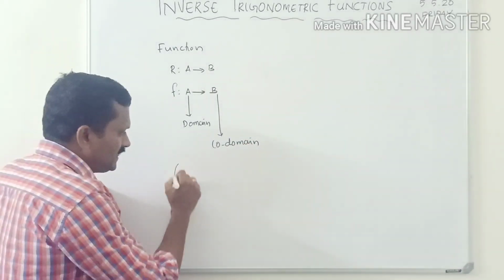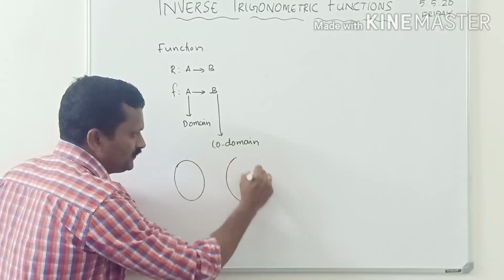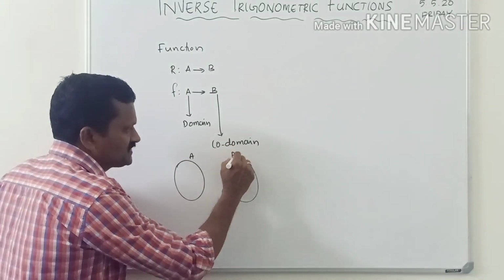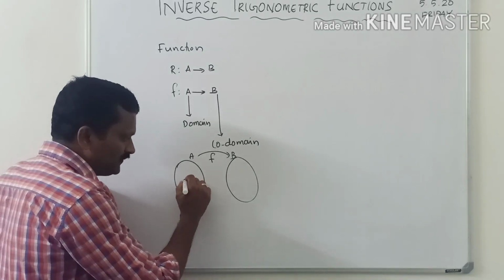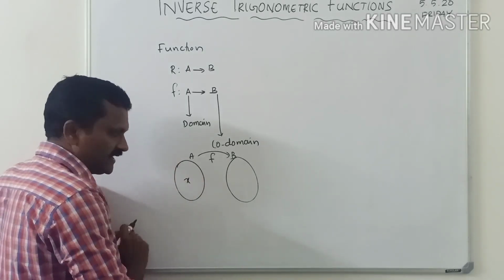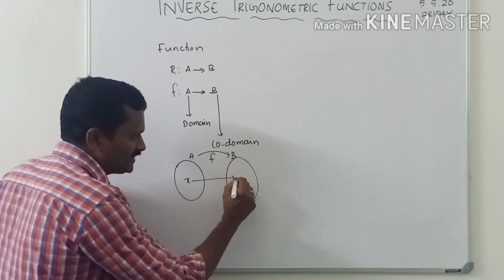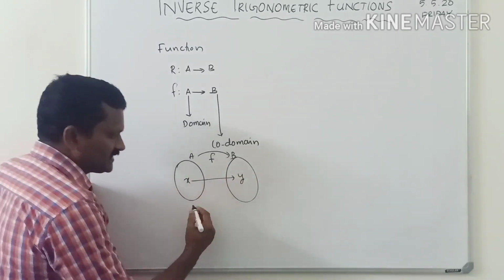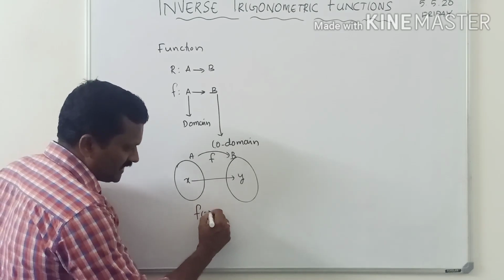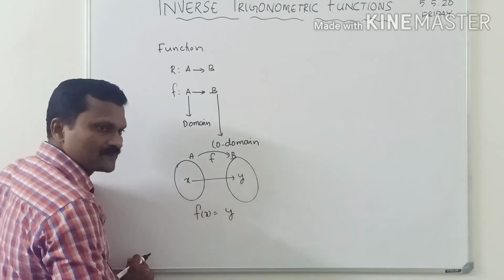If the function f is defined from set A to set B, then every x element in A has an image in B. This function can be written as f of x equal to y.